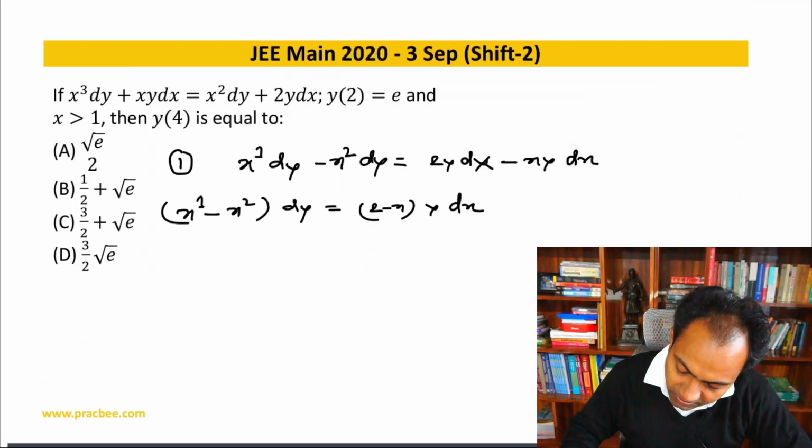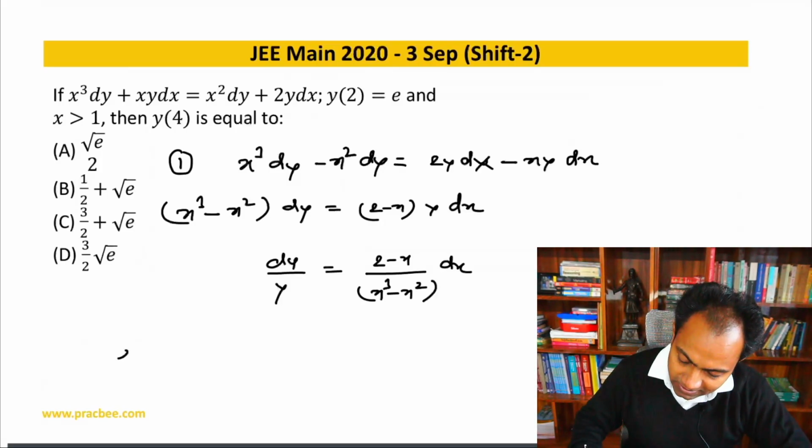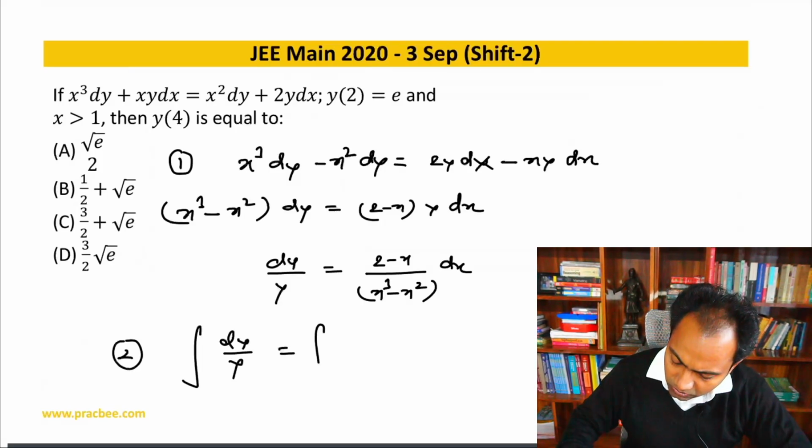If I simplify this, you can see that this comes out to be dy by y is equal to (2 minus x) by (x cube minus x square) dx. So again, in the next step, it can be integrated and we can get the answer. So this is again a question based on variable separation.